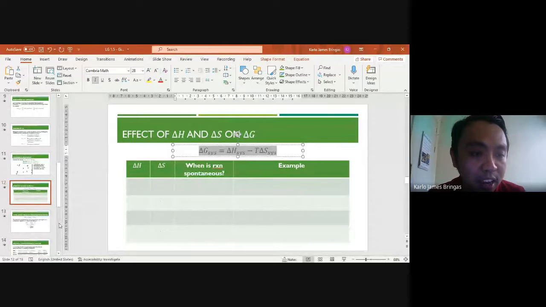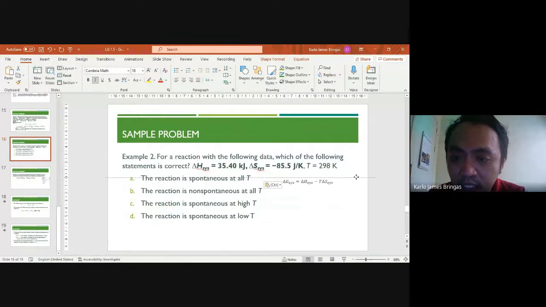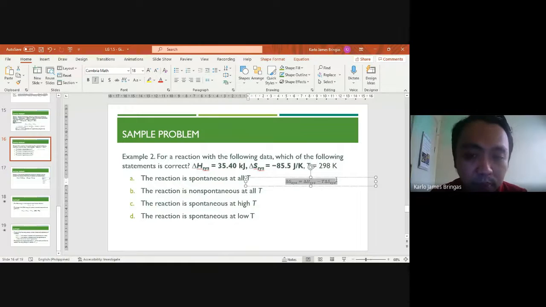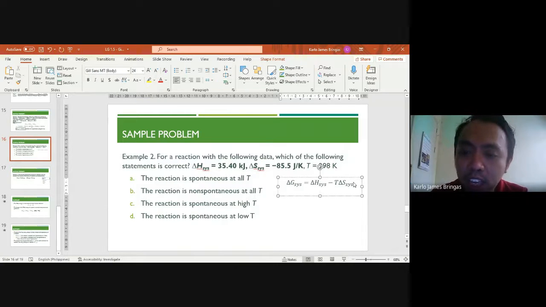We can also try to analyze it in a different way. If you're a little more mathematical minded, we can take the equation ng ating delta G. So let me copy it here para may reference tayo, and try to analyze ano bang magiging sign ni delta G given the signs of delta H and delta S. In the given information, sabi dito, delta G is positive in sign.